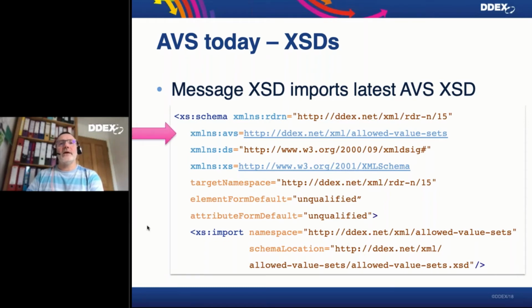And that line there says, hey, as part of this, the XML namespace AVS is defined as ddex.net/xml/allowed-value-sets. And at the bottom, the message schema file then imports the allowed values and the allowed value sets. That means for you as an implementer that you do not need to do that anymore, because the XML schema has already dealt with the allowed values.